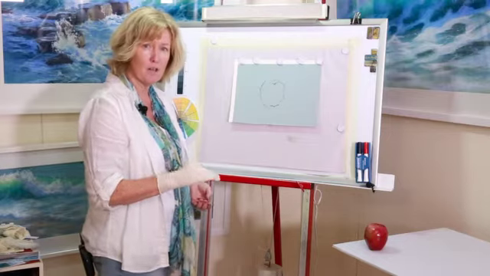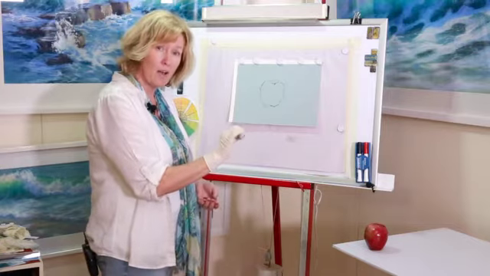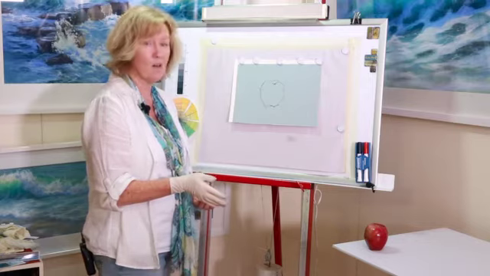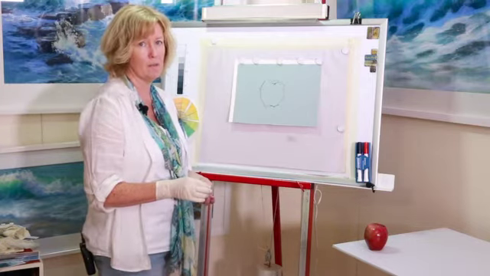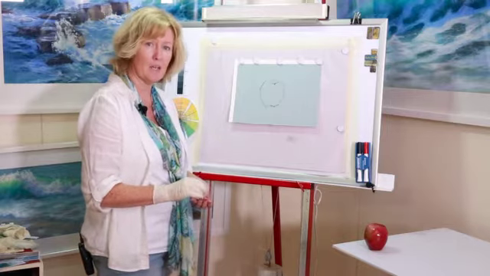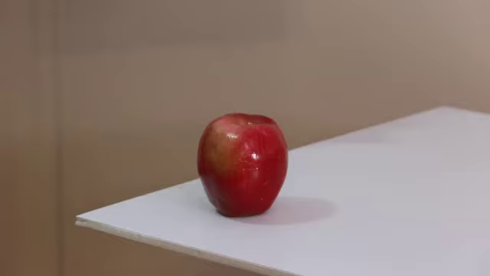Then the cast shadow will put it on the ground. Highlight is where the texture is found, and reflected light comes from all around, and high contrast is where the edge is found. So let's begin with the first line of that poem.